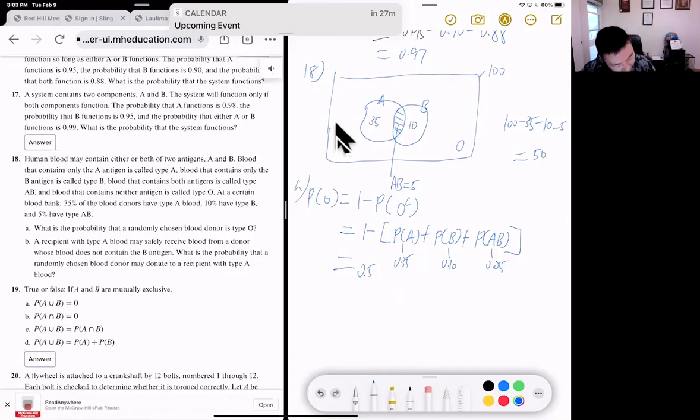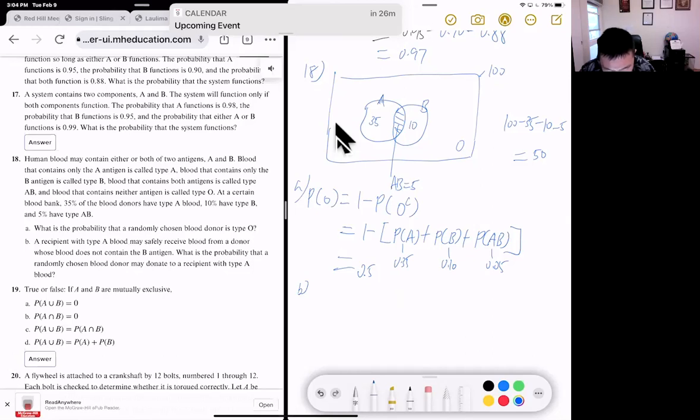Part B. A recipient with type A blood may safely receive blood from a donor whose blood does not contain the B antigen. What is the probability that a randomly chosen blood donor may donate to a recipient with type A blood?